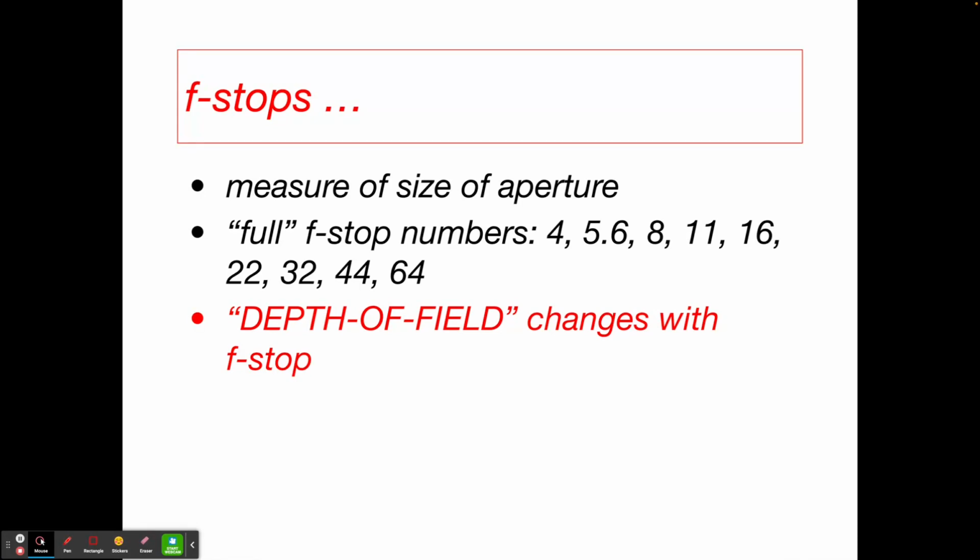F8 is kind of middle of the road. There's actually a saying in photography called F8 and wait. You start at F8, take a couple pictures, see what it looks like, and then you can make a determination from there. And then 11 and 16 are for when it's darker or cloudy. So the depth of field changes with these settings.